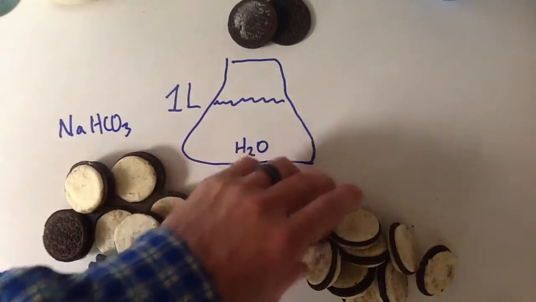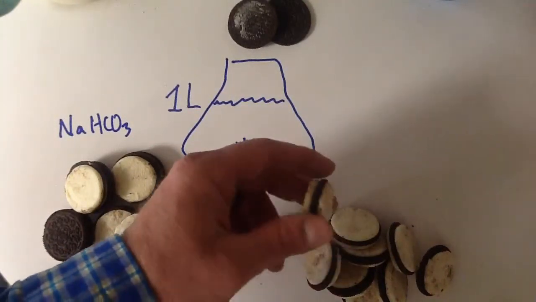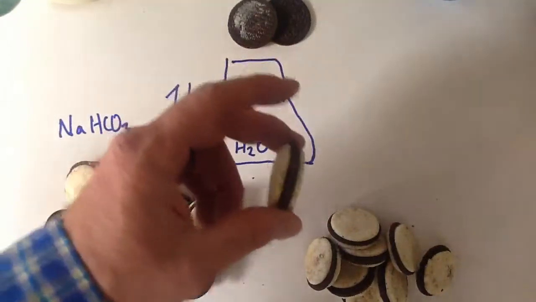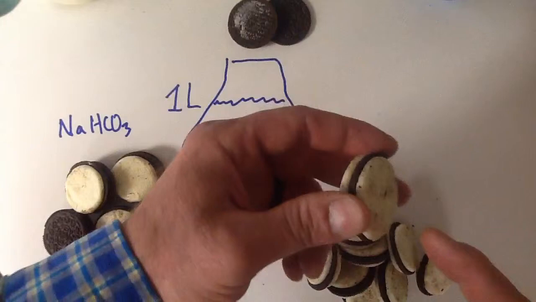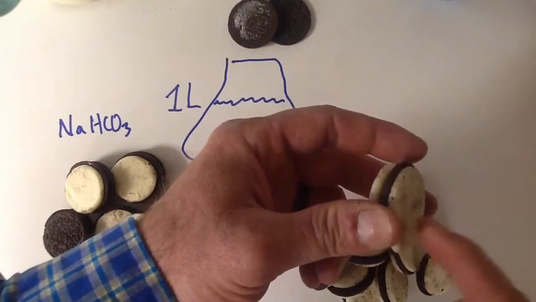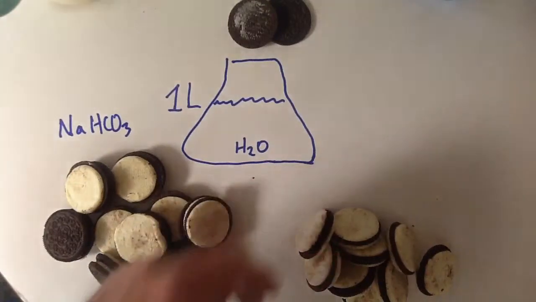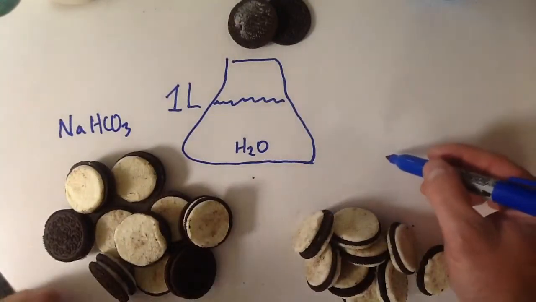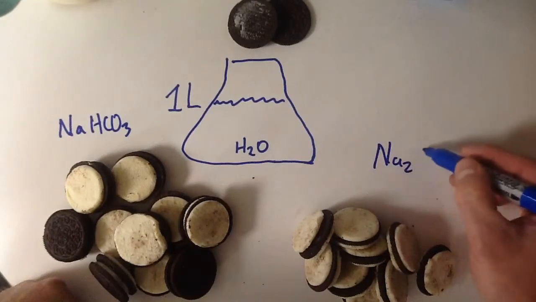Now on the other side, this was a little bit harder to make, and it's very gooey. That makes these so good. So we have 2 sites that were without protons. We have this site here and this site here that don't have the cookie. We have the cream. So this is going to be sodium carbonate.